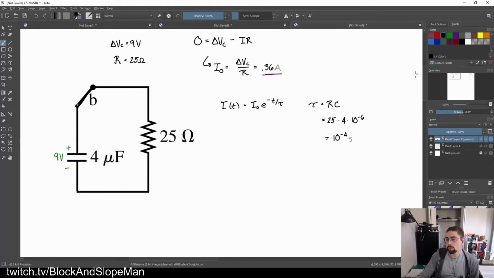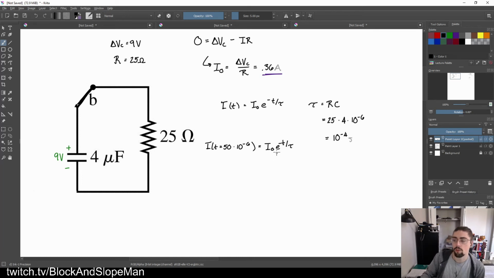So now I'm going to say, okay, I know what I naught is. I know what tau is. I'm looking at two different points. The first, where t is equal to 50 times 10 to the negative 6th, 50 microseconds. I'm just going to plug in all those values.